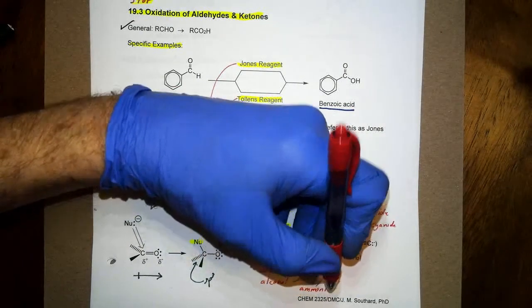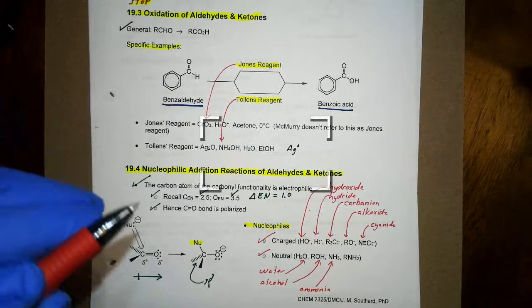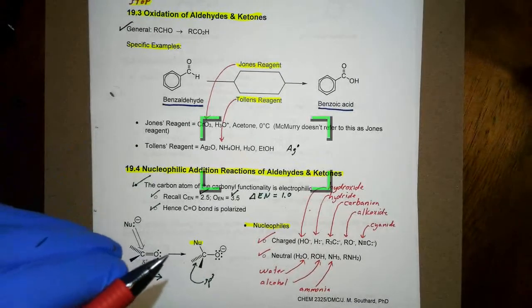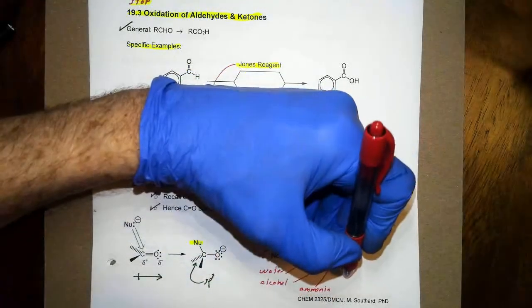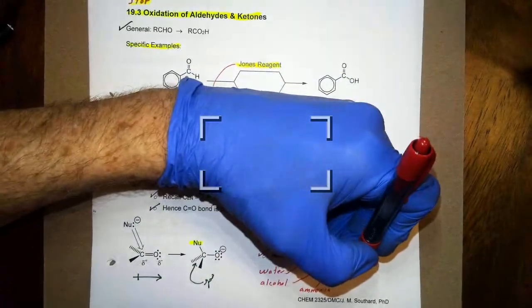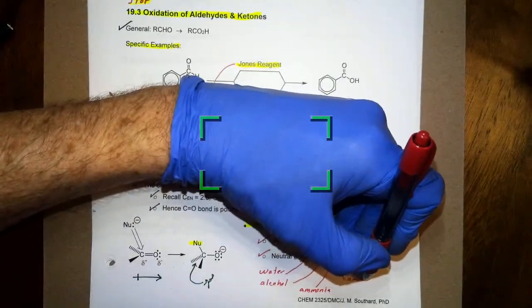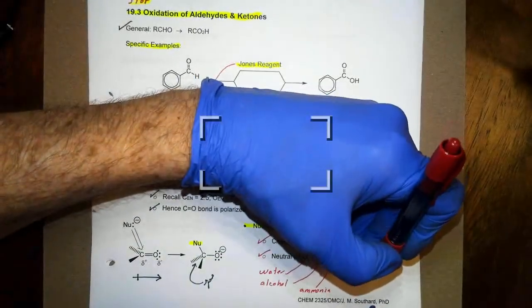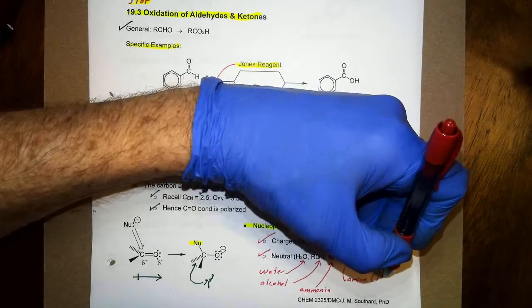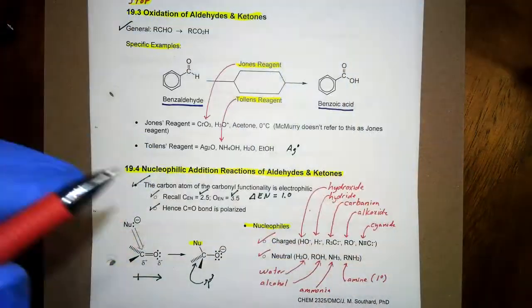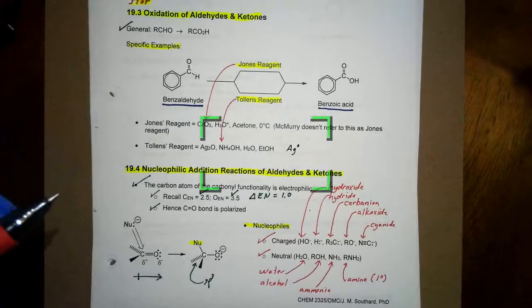Ammonia is a gas, and we can generate it in situ, or we can bubble it in. And we also have amines. This is an amine, and the amine I'm showing you here is actually a primary amine. More than likely that R group has to have carbon. But you can have secondary amines there as well, and so on and so forth.